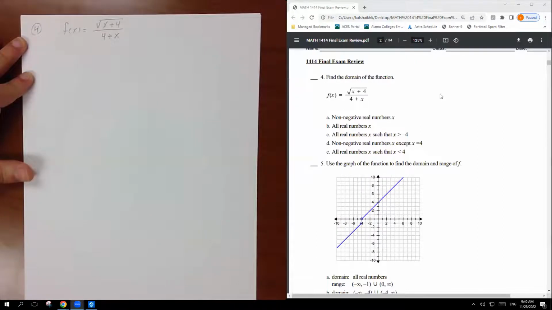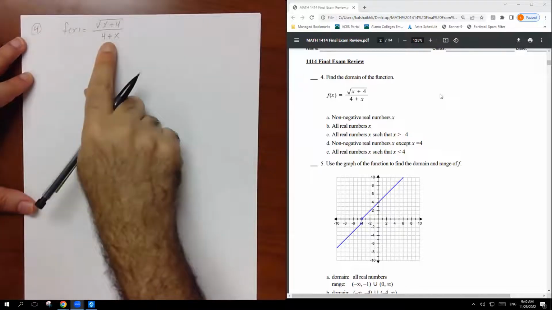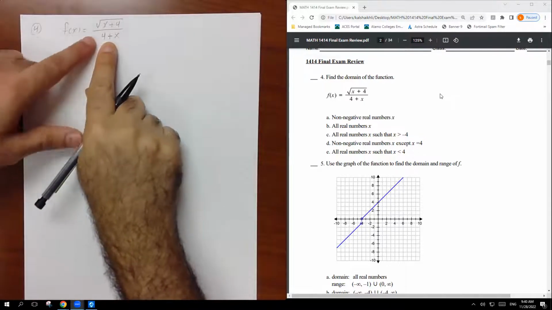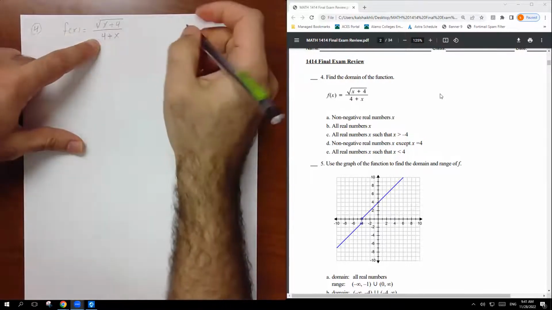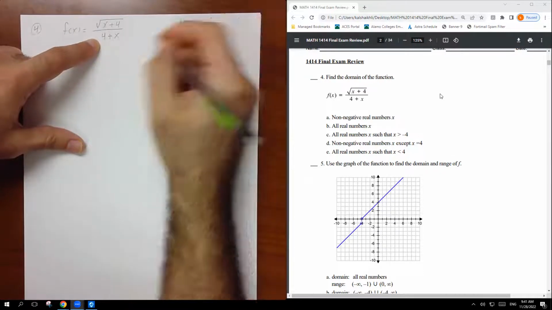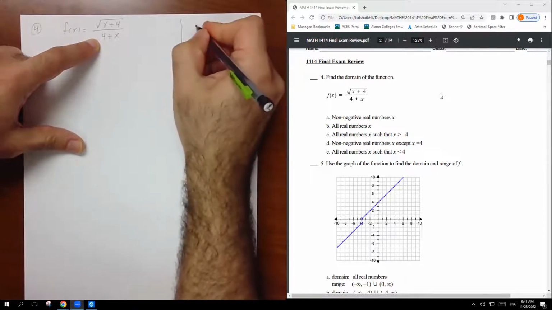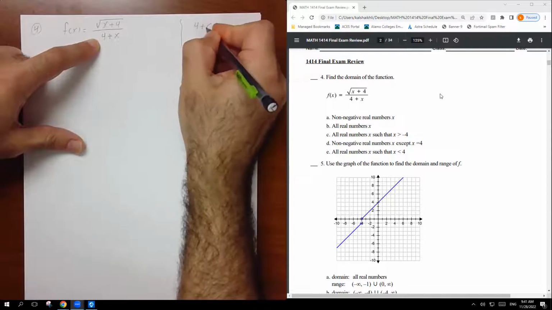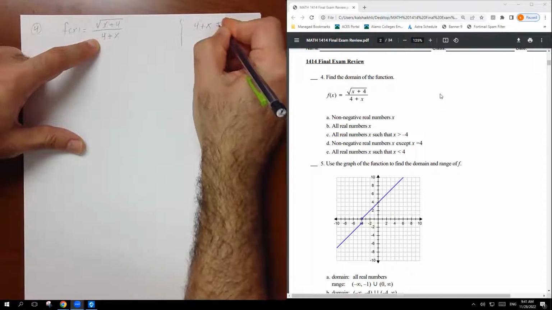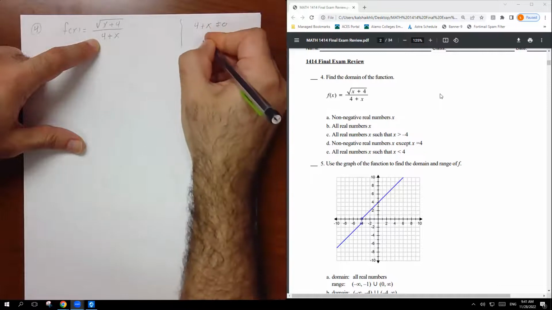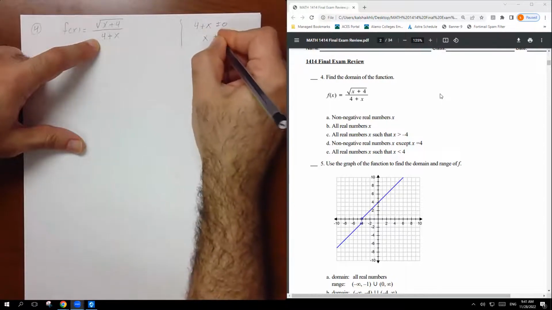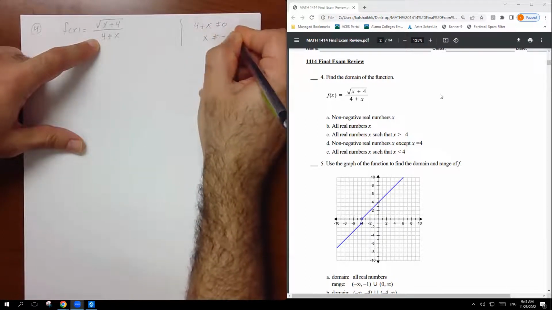For number 4, find the domain of the function. It's a rational function and there's a radical on the top. To find the domain, I'm going to take the denominator aside. So I'm going to say 4 plus x is not equal to 0. Solving this, x is not equal to -4.